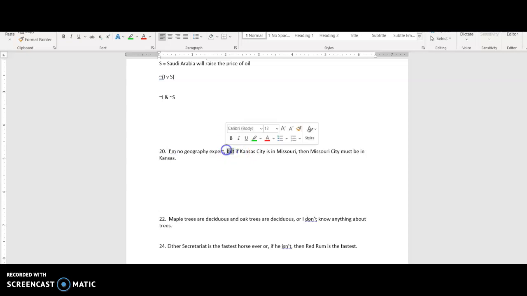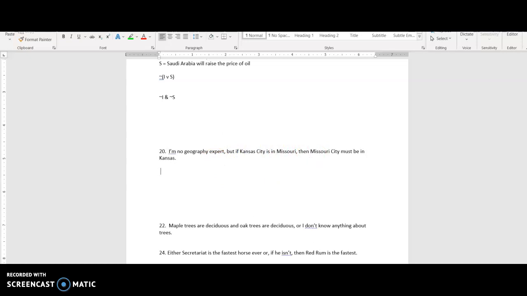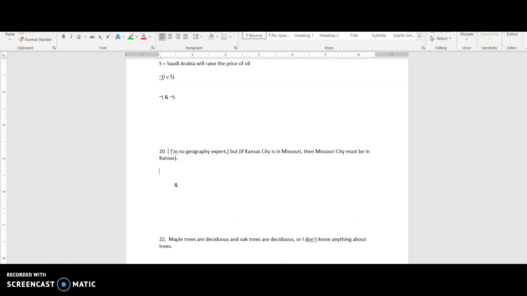So there's the first part, there's a but, and then there's the second part here, right? So that means we're going to have a conjunction. Whatever comes before the but is a left conjunct, and whatever comes after the but is the right conjunct.